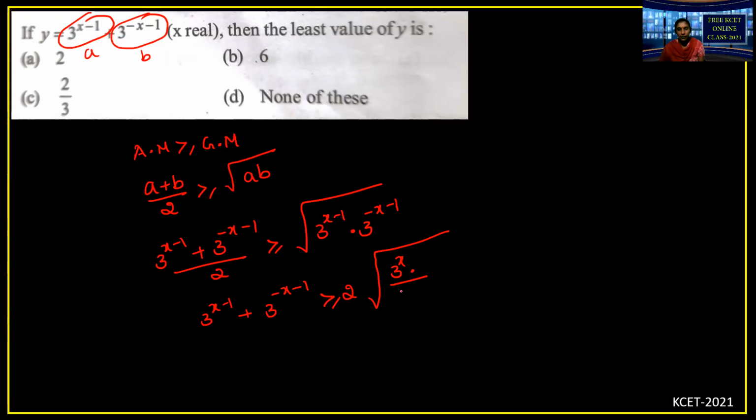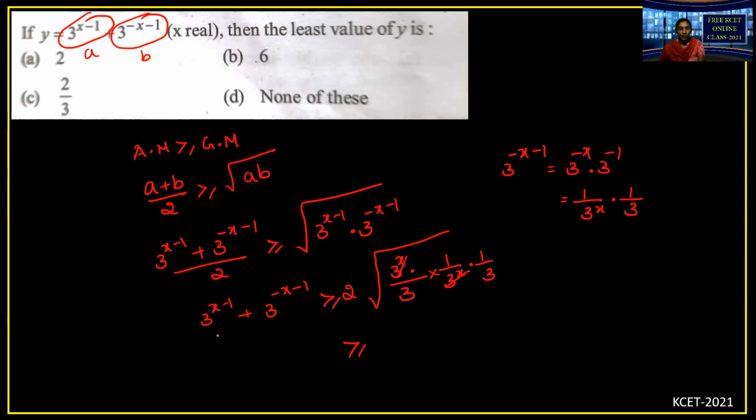By the theory of indices, 3 power minus x minus 1 can be written as 3 power minus x into 3 power minus 1. 3 power minus x can be written as 1 by 3 power x. 3 power minus 1 can be written as 1 by 3. Now substitute this value, 3 power x into 1 by 3. 3 power x gets cancelled.